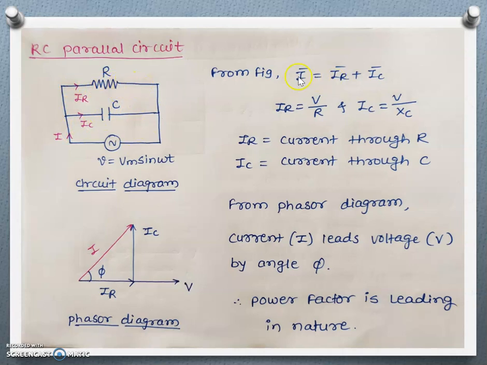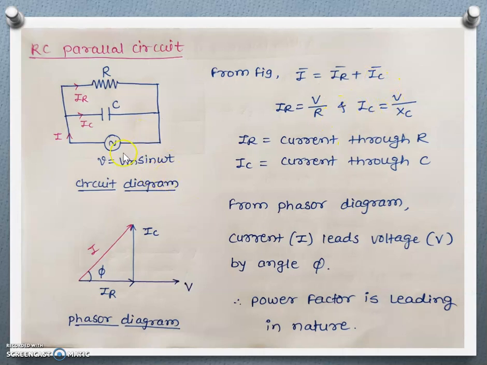From the figure, I is equal to IR plus IC, that is, the phasor sum of the current through the resistor plus the current through the capacitor. IR is equal to V upon R and IC is equal to V upon XC according to Ohm's law.